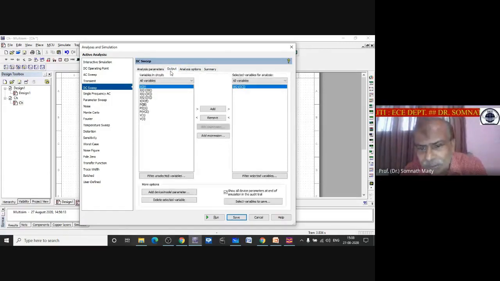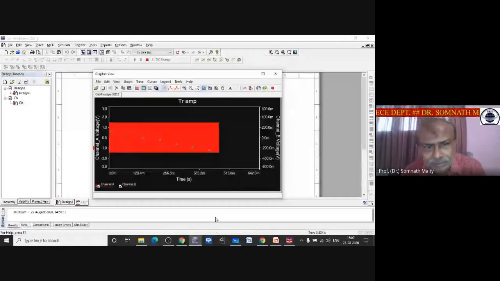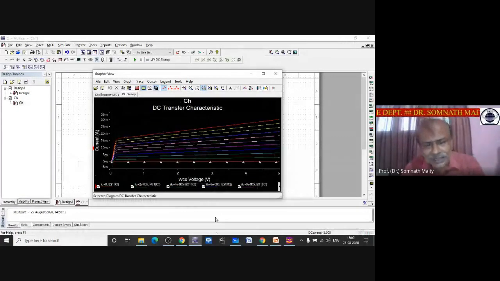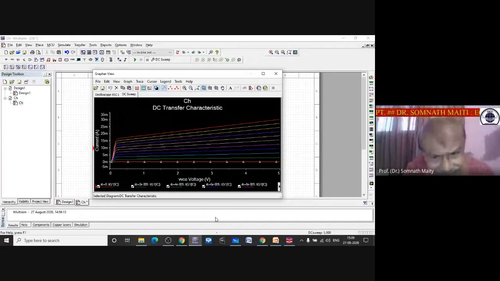See what I am doing. Can you see it? Isn't it exactly the same as the curve shown in the theory? Yes or no?